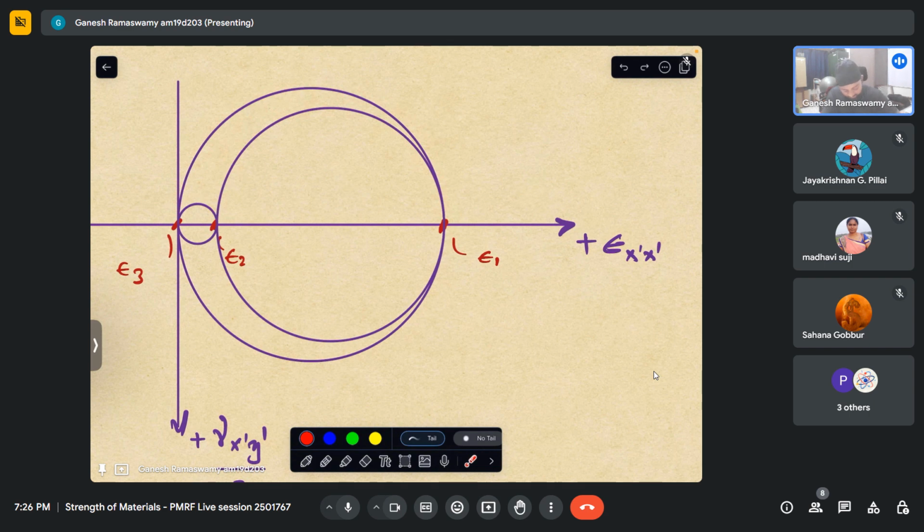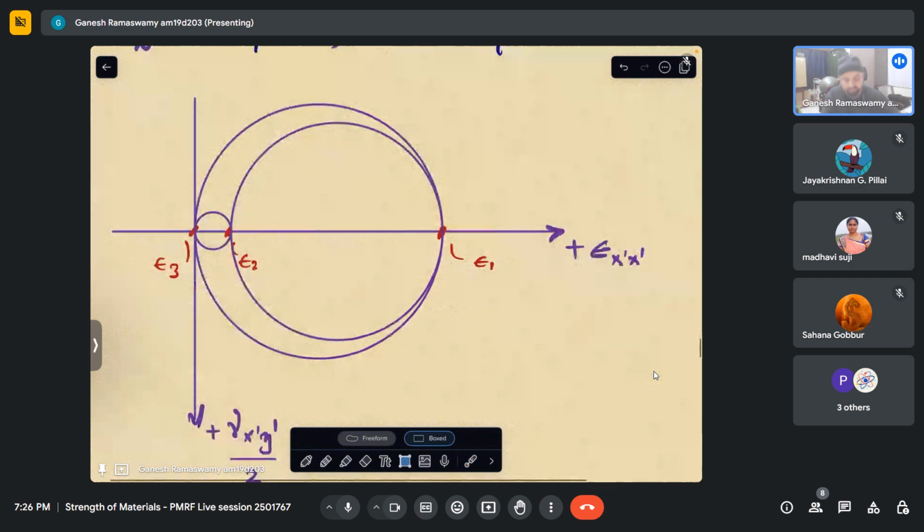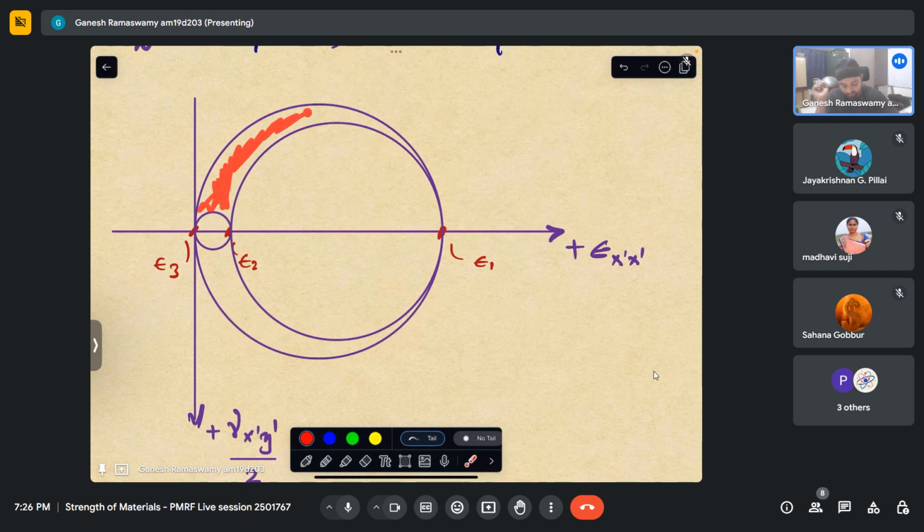That is, any state of strain will be contained in this area only. For this point, which is having the stress tensor like that, which is having principal stresses like this, any state of strain, no matter what transformations we make, will always fall either on the boundary or inside of this shaded area only. That is what this implies.